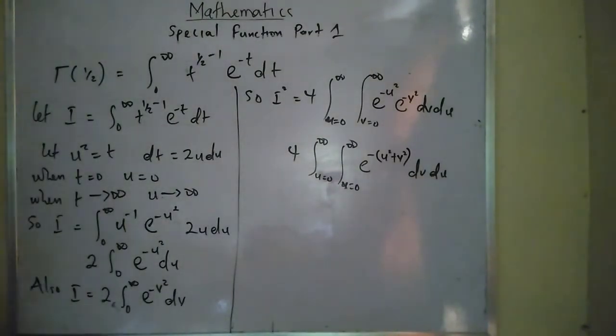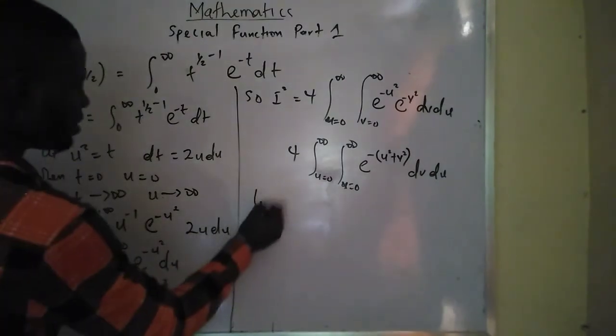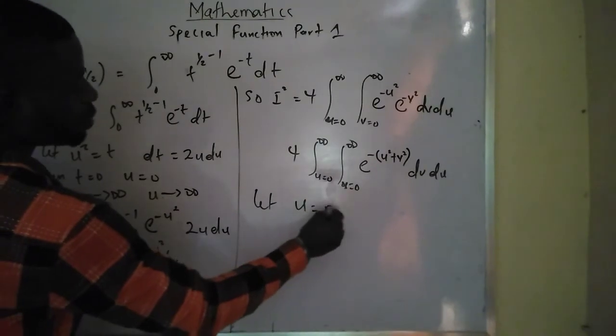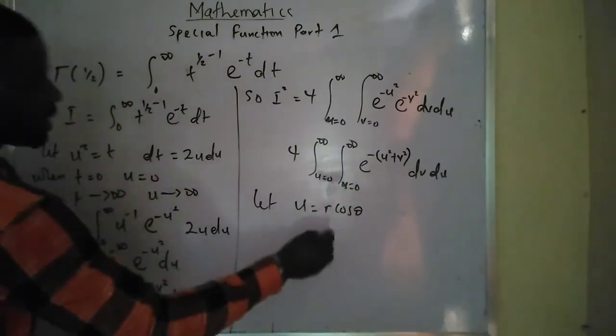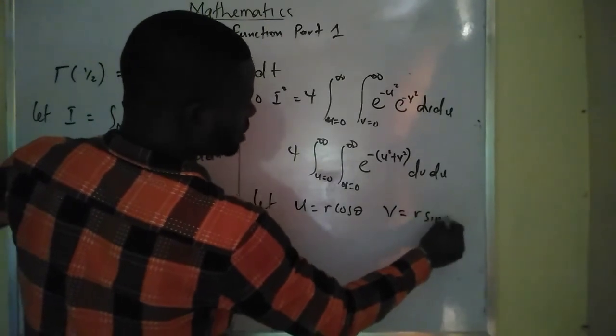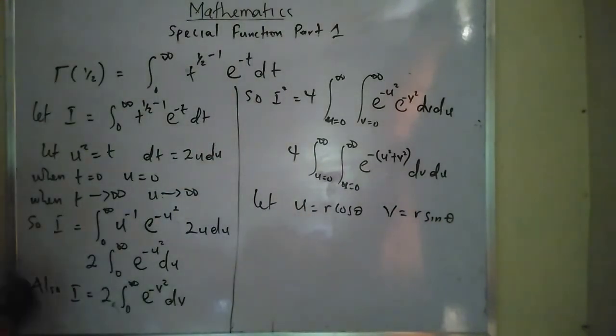Now, let u equal r cos theta and v equal r sine theta. I'm working towards polar form.